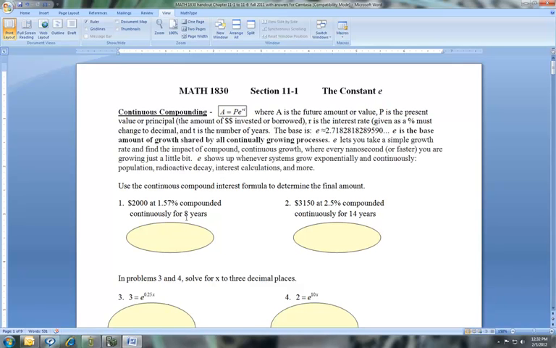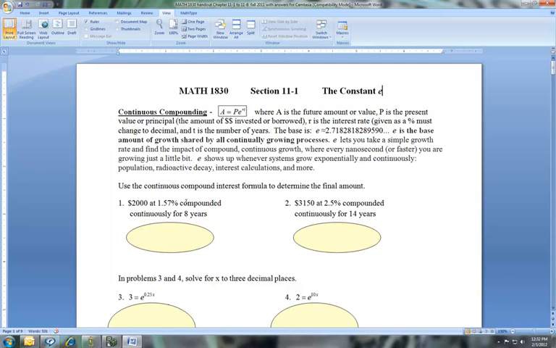Some of the problems you're going to be facing is actually using the formula. Some are being able to solve an equation, which goes back to your Math 1130 or 1730. Now it says use the continuous compound interest formula to determine the final amount. They give me the principal, the interest rate, and the time.